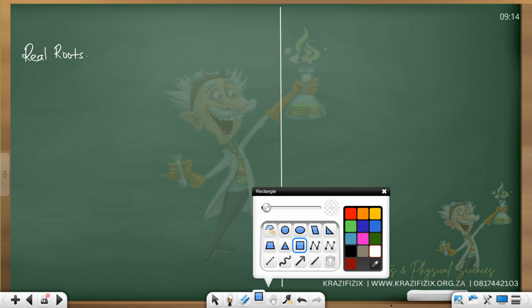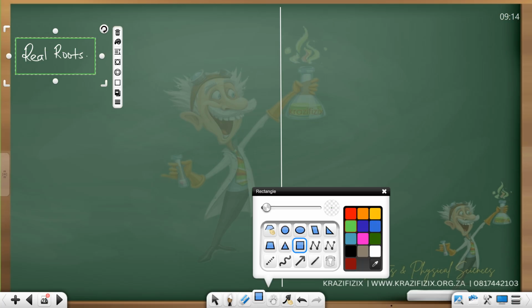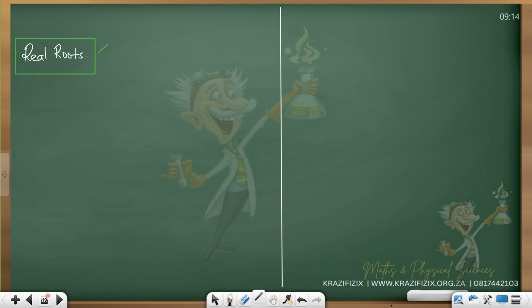For real roots, we came across that we have two things. Either our roots are equal, discriminant is equal to 0, or unequal, discriminant is greater than 0.